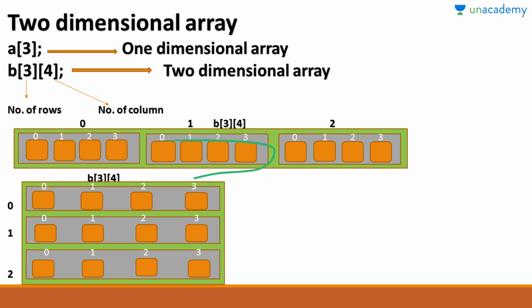So it is easier to understand if we understand this with the help of rows and columns. Rows will be indexed from 0, 1, 2, and columns will be indexed from 0, 1 to 3. So the number of elements inside B will be 3 into 4. The number of columns into the number of rows will be the number of variables that can be stored inside this array.